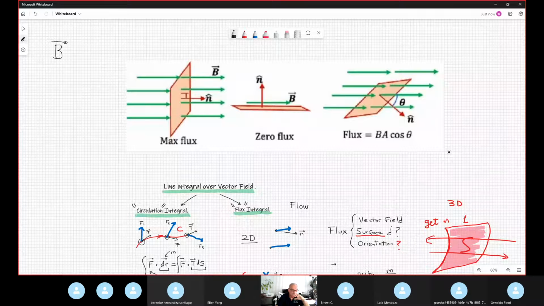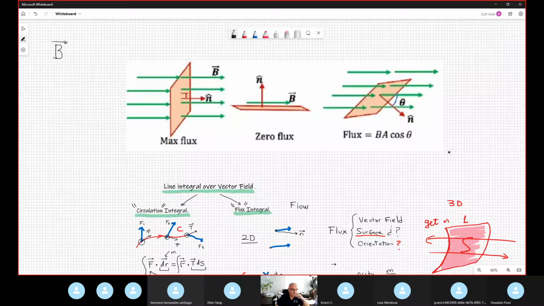And I want to compute the flux that can go out of this surface. In this case it is maximum, because the vector field and the normal vector are parallel. Nice. So when you perform the dot product, it's maximum.